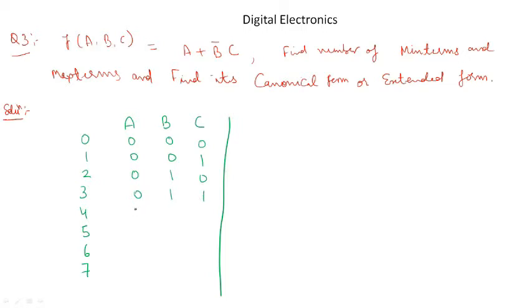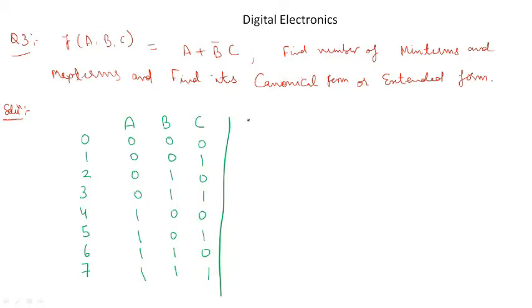For 4, we will have 1, 0, 0. For 5, we will have 1, 0, 1. For 6, we will have 1, 1, 0. For 7, we will have 1, 1, 1. We have written these binary numbers by taking the 4 to 1 column system, and you are familiar with this.